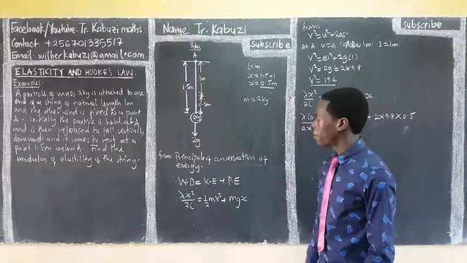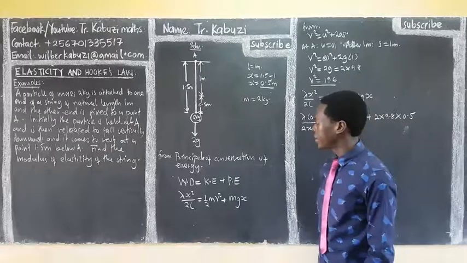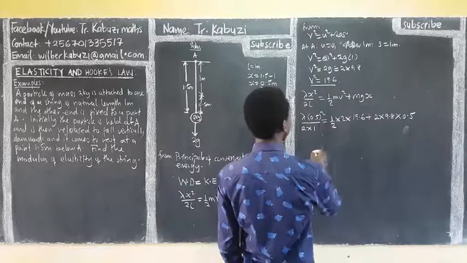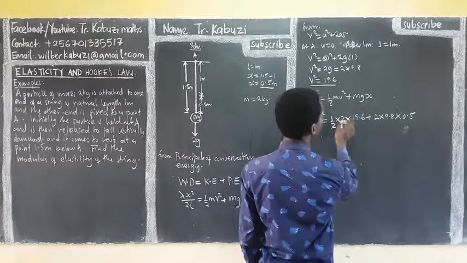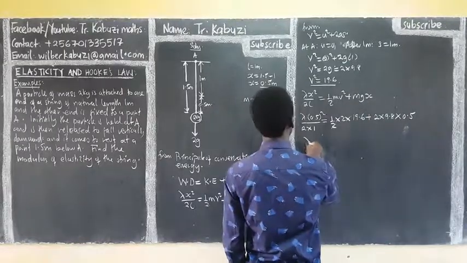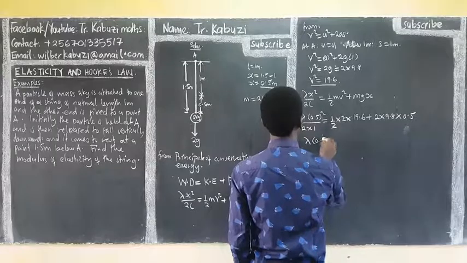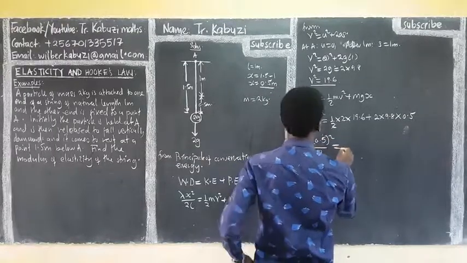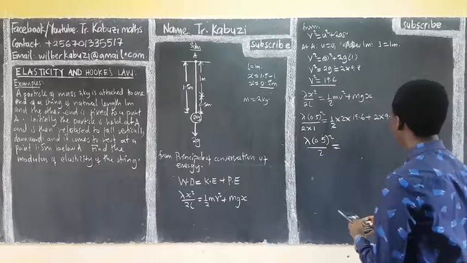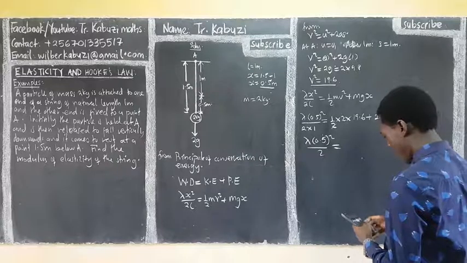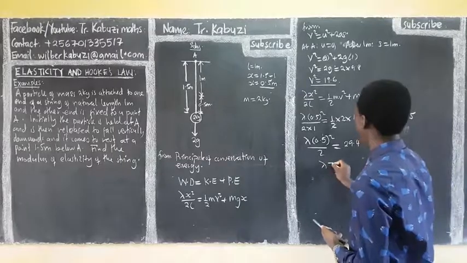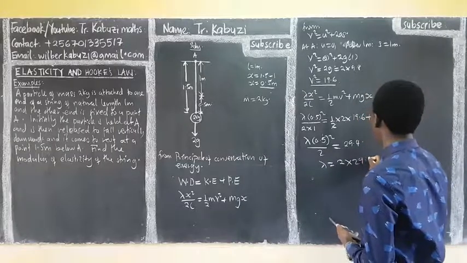This is the principle of conservation of energy for an elastic string. Simple, very easy. So from here I think we can see that this one is going to vanish, and this is going to give us 1. So we have lambda times 0.5 squared over 2 equals 19.6 plus 9.8, which is 29.4.